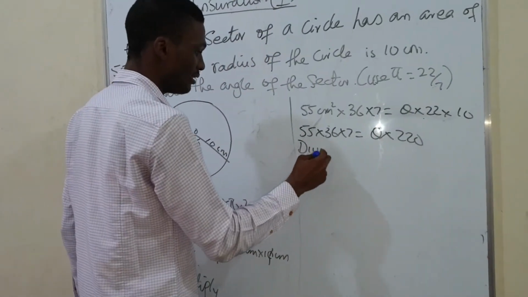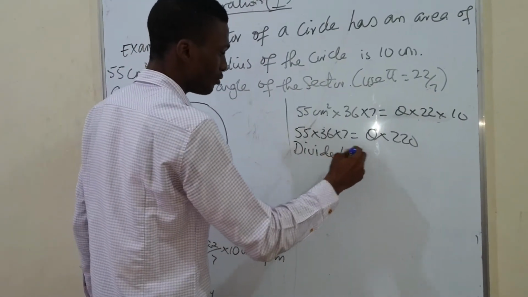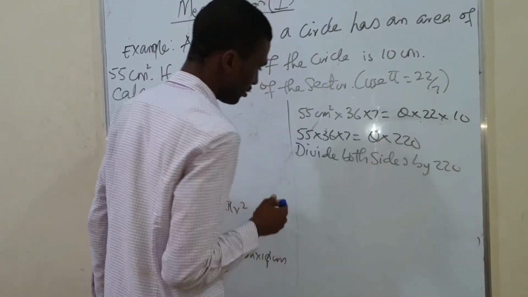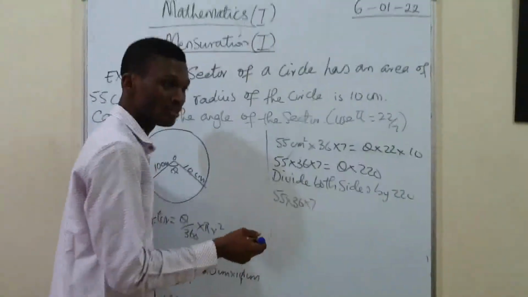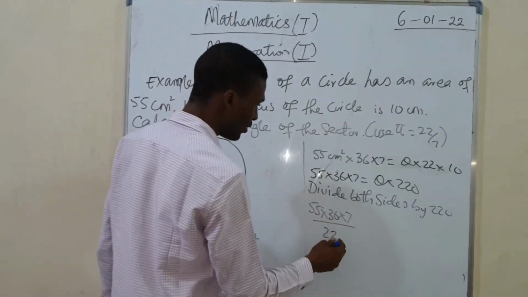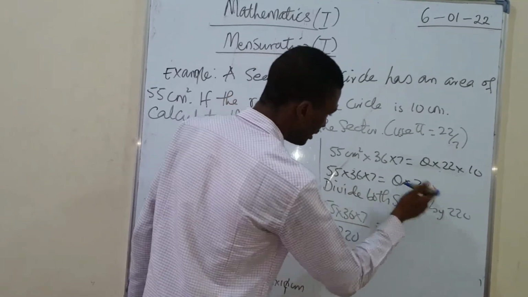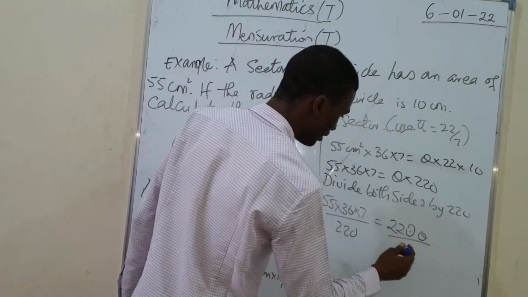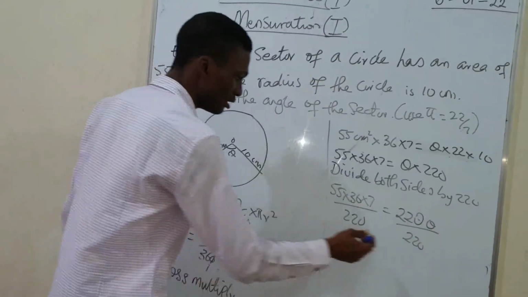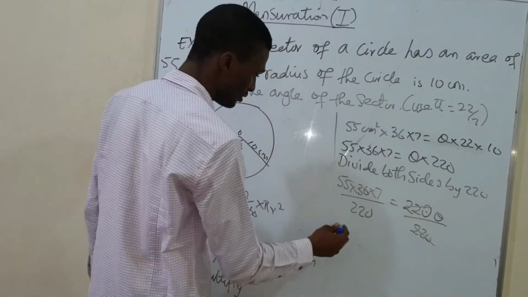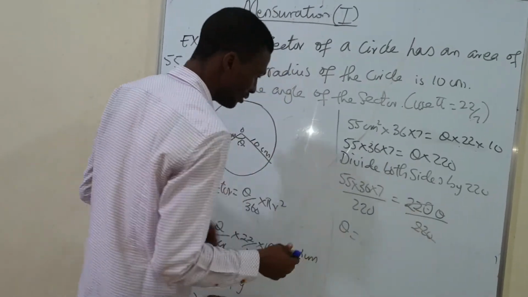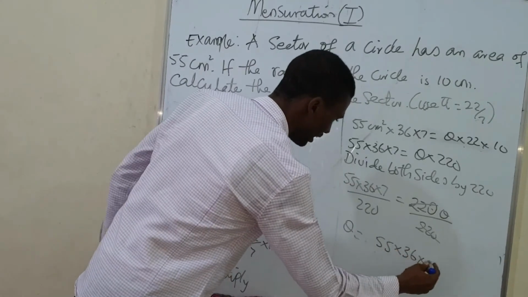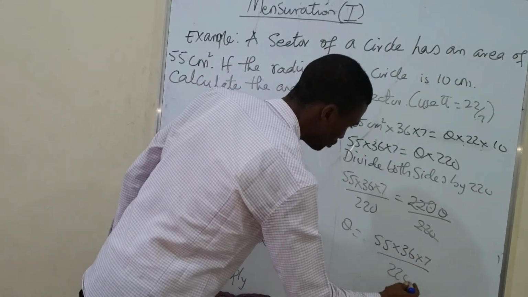We now divide by 220. This time you can write it as 220 theta, all over 220. This you cancel, you have theta left. This theta equals 55 times 36 times 7 all over 220.